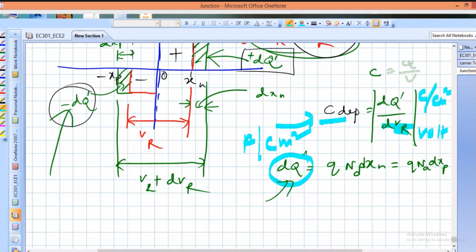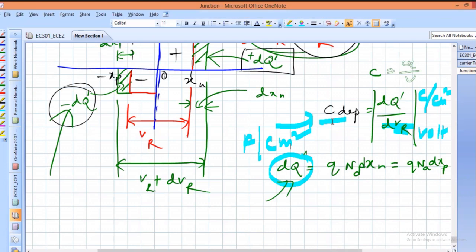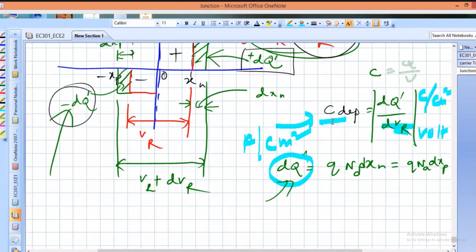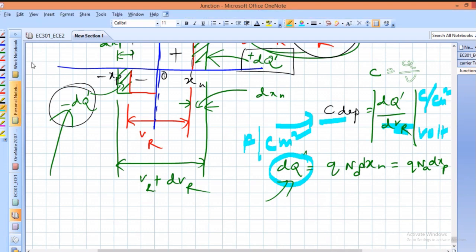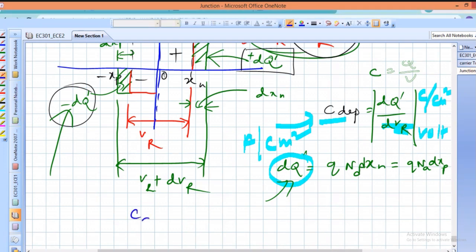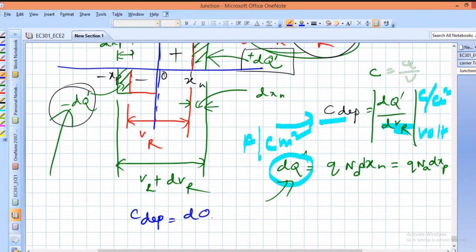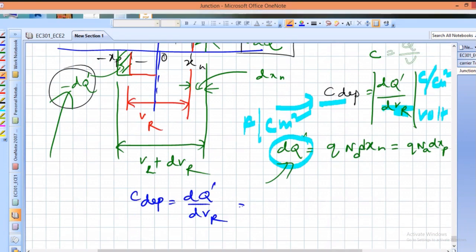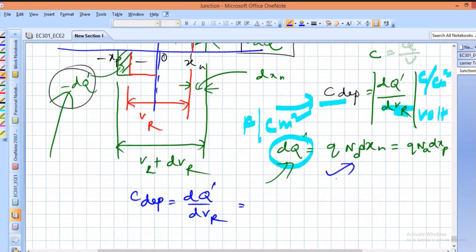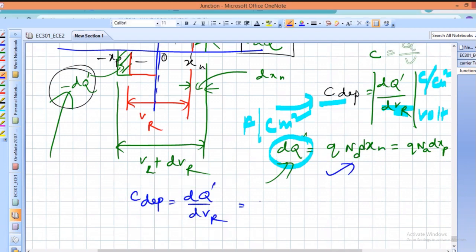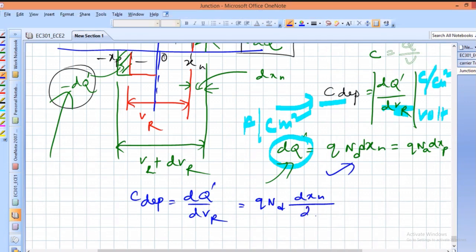Now the next question is, yes, you wrote this equation, ma'am, but what will be the exact equation of C depletion? For this one, we will move with some derivation. If I put C depletion as dq dash by dv, considering only the magnitude, what will this be? If I'm considering the inside, because both are same, it will be q Nd dxn by dv.